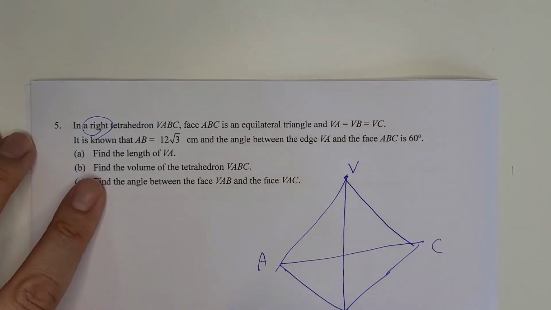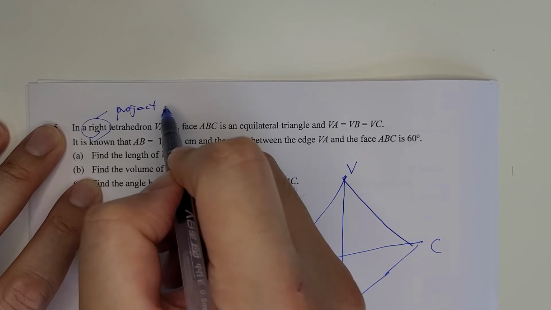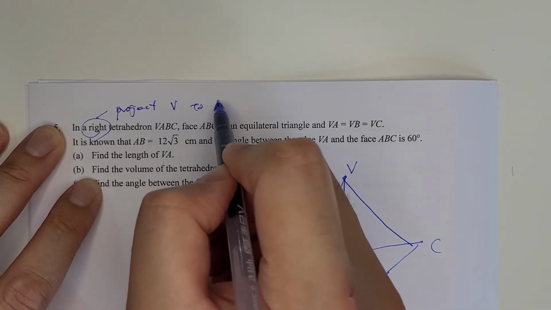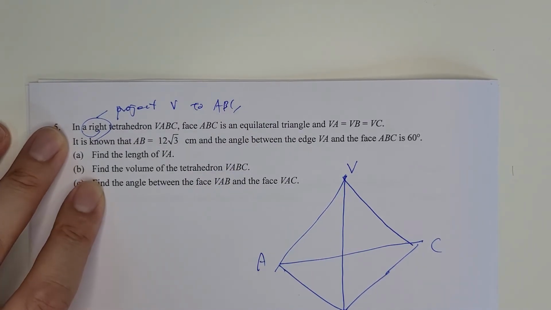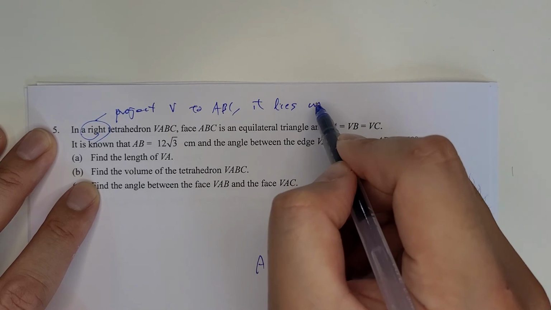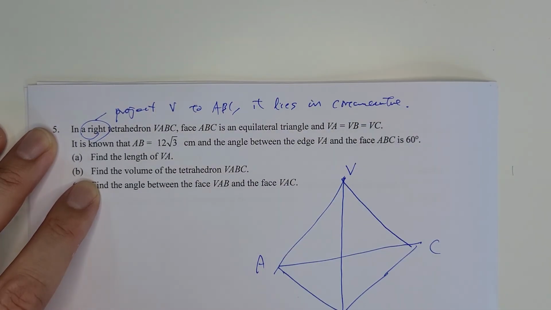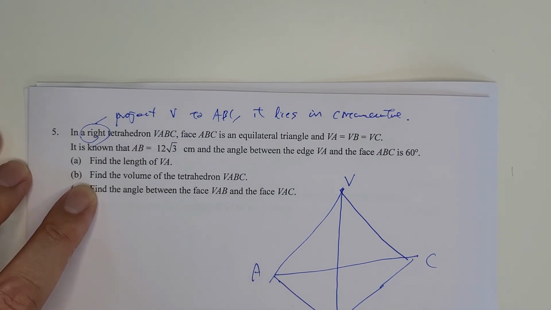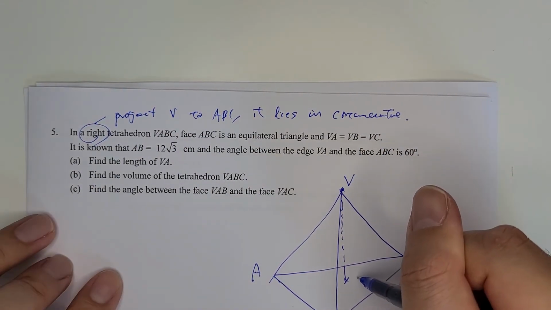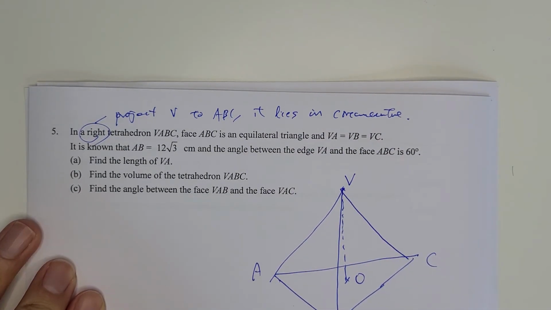That means if we project V to ABC, it lies on the circumcenter. Okay, then you may wonder, if I map V to the horizontal ground, we call this point O. O would be the circumcenter of triangle ABC.